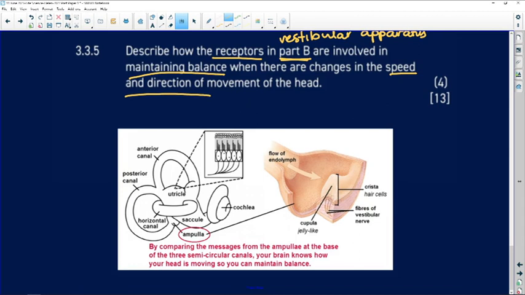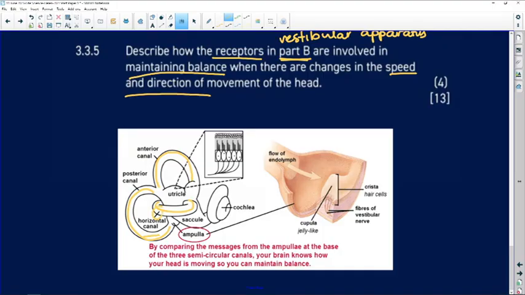And I've put it together here in quite a complicated picture, but let's go through this picture very, very slowly and carefully. Here are our semicircular canals, and they are orientated in 3 dimensions. So we've got a horizontal one, we've got a vertical one, and we've got one that is at an angle.